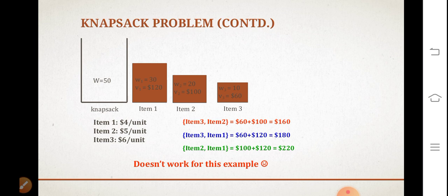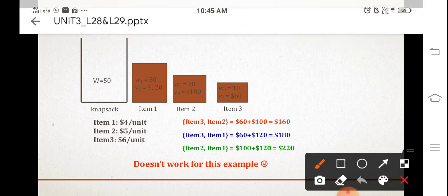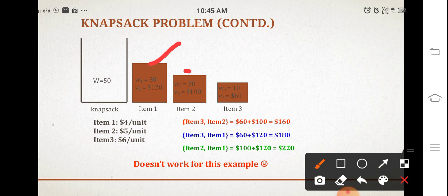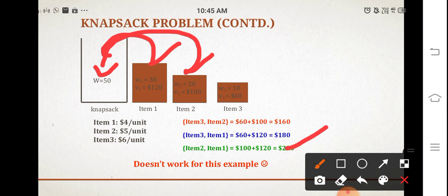The profit of item 1 and item 2, that is 100 plus 120, will become 220.